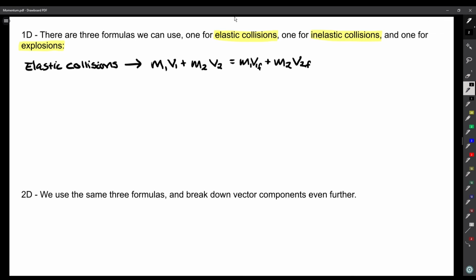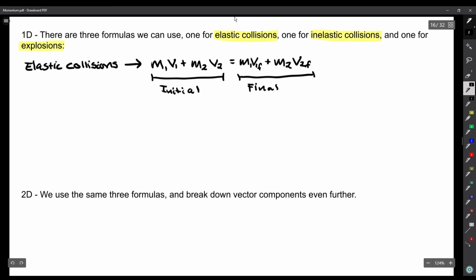And so what we're saying is that the sum of the initial momentum is the same as the sum of the final momentum of two objects. And you can go 3 objects, 4 objects, just follow the same format here.